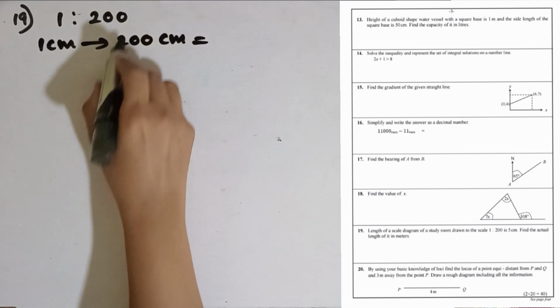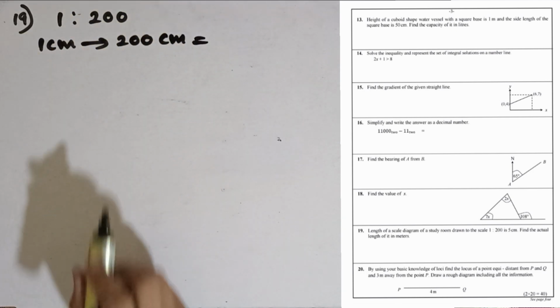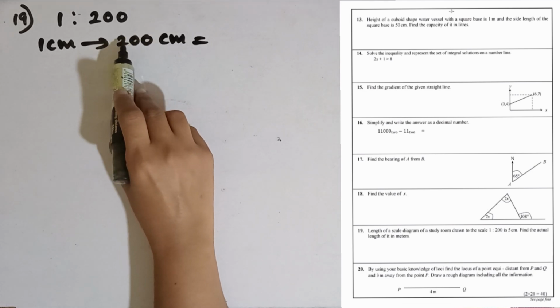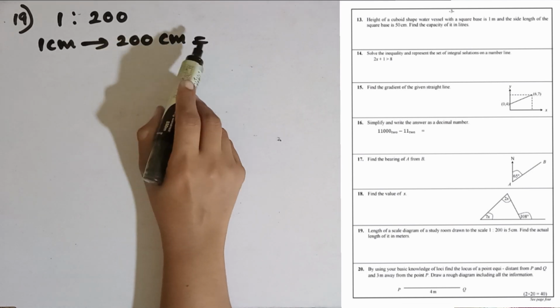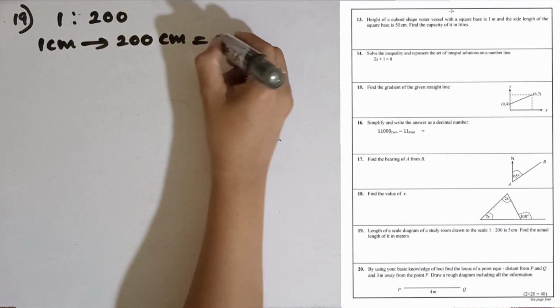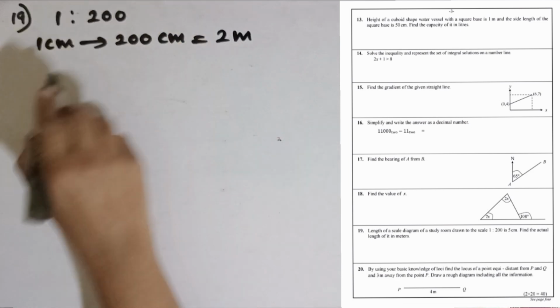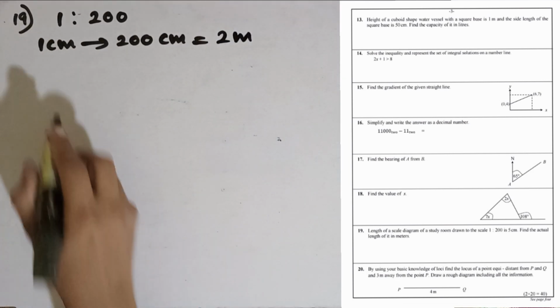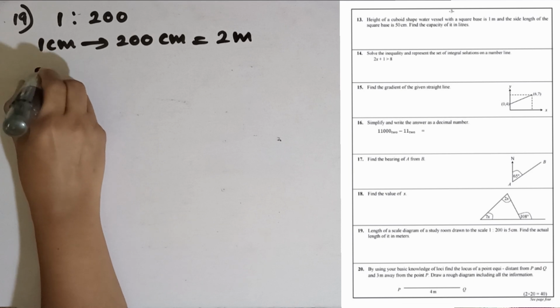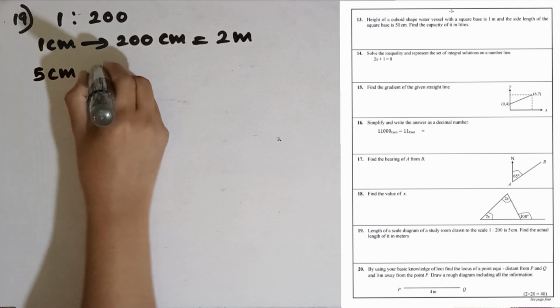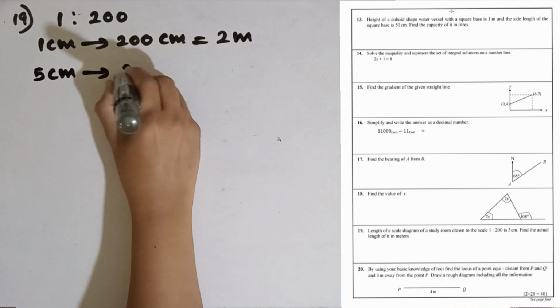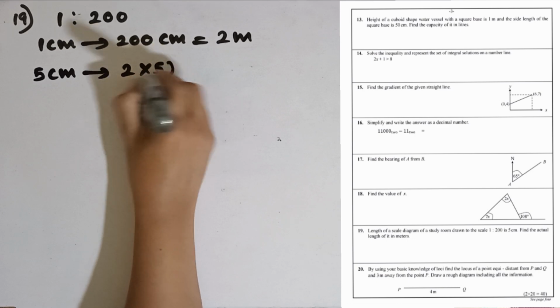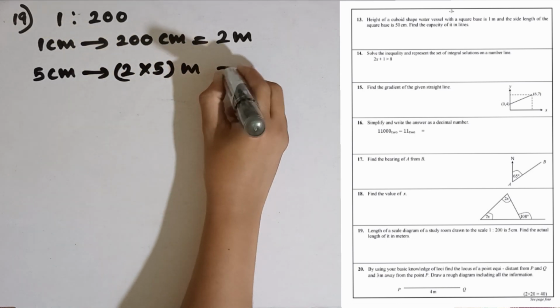Let's now convert this value to meters. We know that 100 centimeters is equal to 1 meter. Then this is equal to 2 meters. So 1 centimeter represents 2 meters. Then we have to find the actual length represented by 5 centimeters. 2 multiplied by 5. Now this is in meters. 10 meters.